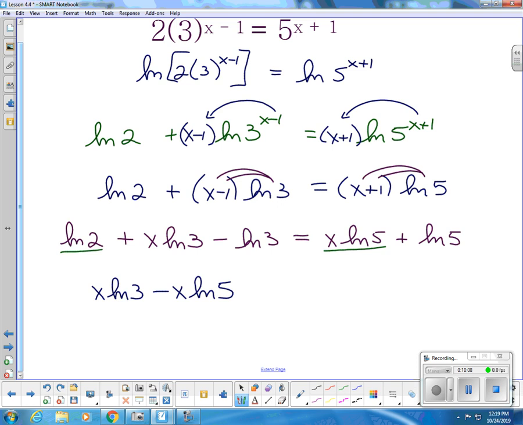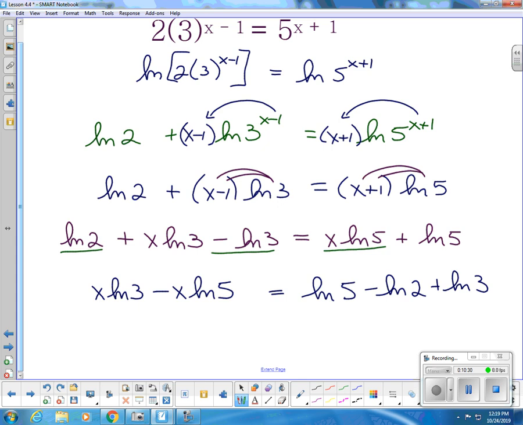This term and this term have to move to the right side. So on the right side, I had left the natural log of 5. If I move natural log of 2, he becomes a minus. If I move the minus natural log of 3, he becomes a plus. So you can do that in 2 steps or whatever, but that's what we're doing.